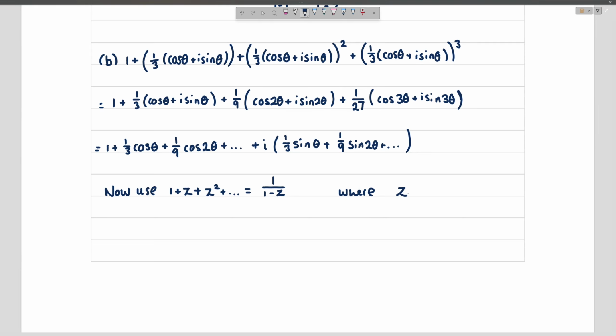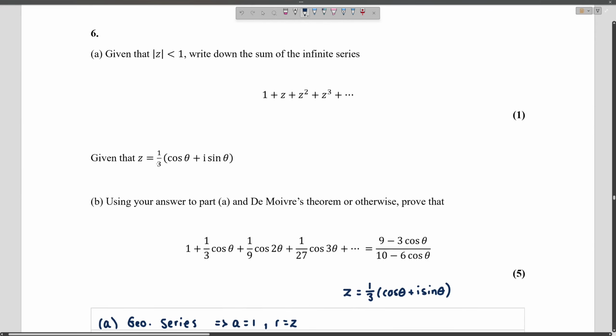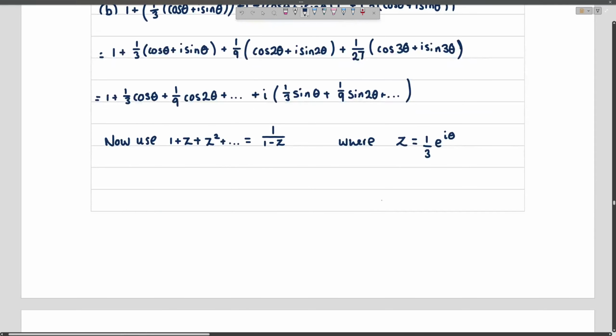To make life a little easier, I'm going to give z in its exponential form. So I get 1 over 3 e to the i theta. Rather than writing 1 over 3 cos theta plus i sine theta, I'm giving that as 1 over 3 e to the i theta.